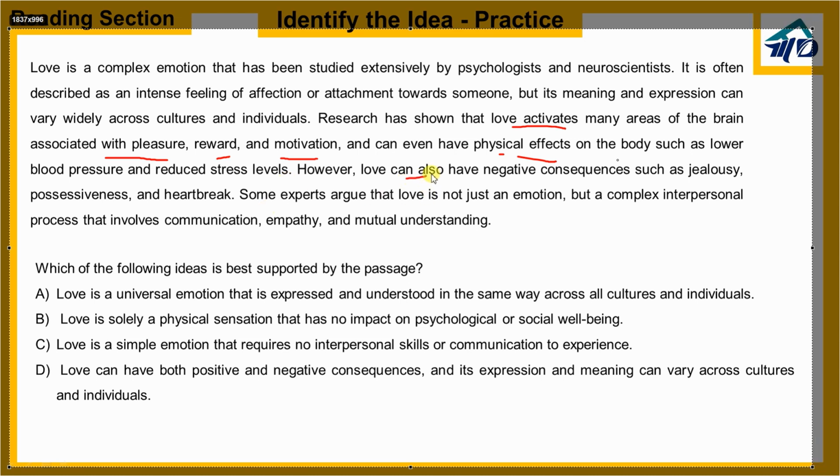However, love can also have negative consequences such as jealousy, possessiveness, and heartbreak. Some experts argue that love is not just an emotion but a complex interpersonal process that involves communication, empathy, and mutual understanding.